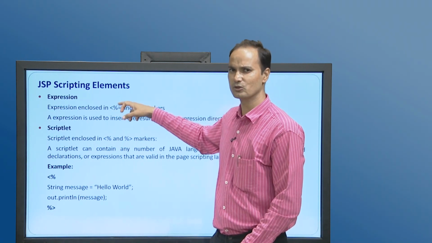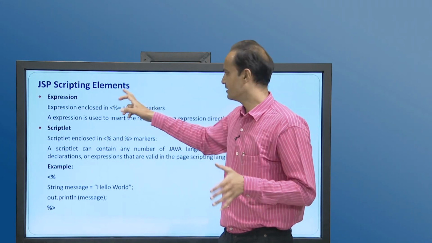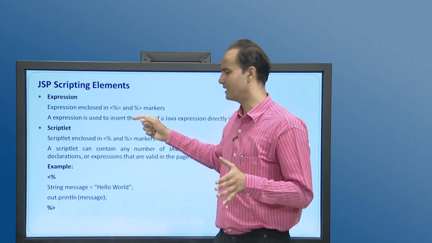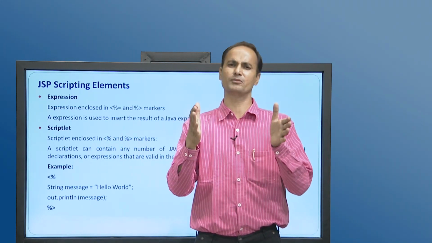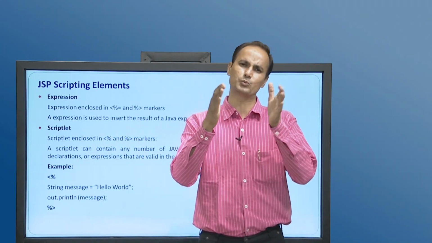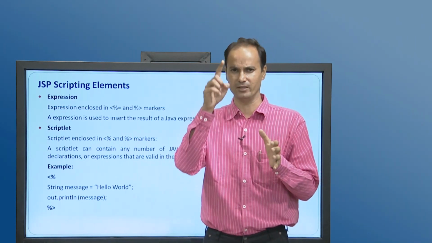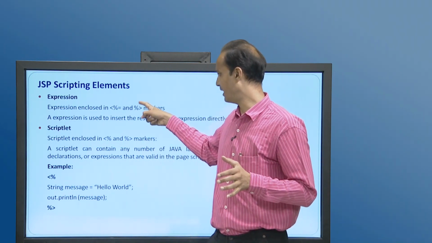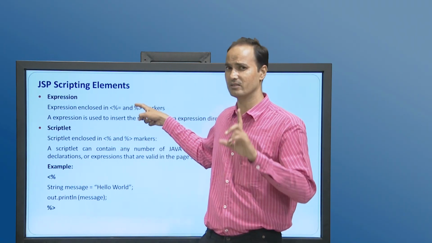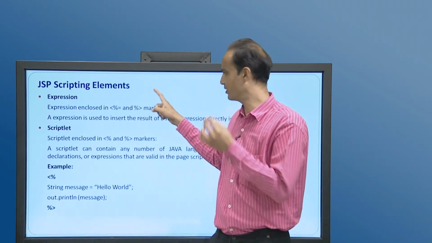This is required to display the expression in a JSP, which means the expression contains the output. In short, if you want to display output in a JSP file, you should use an expression block, less than, percentage and equal to. Make it very clear that after the variable name a semicolon is not required.